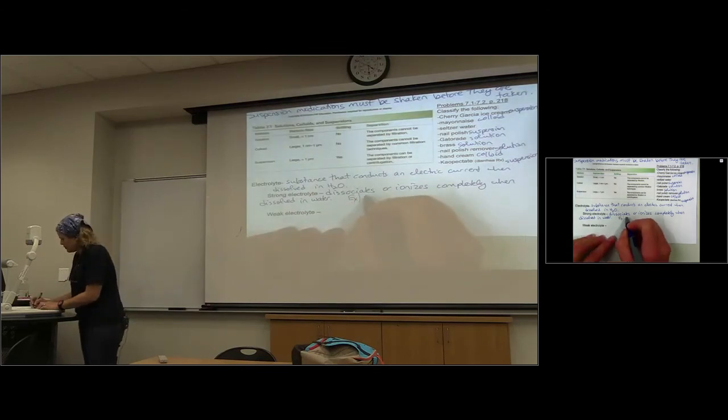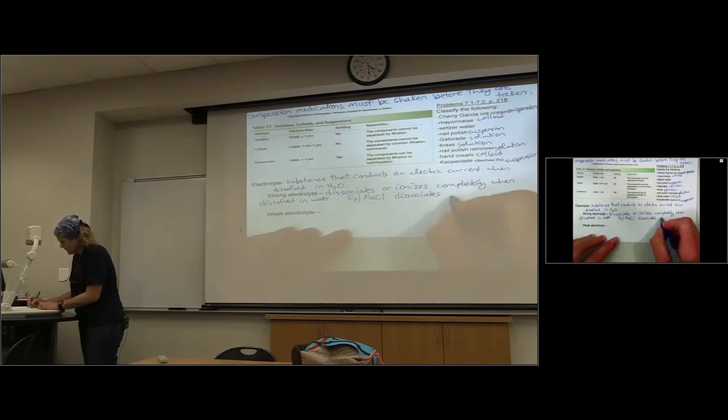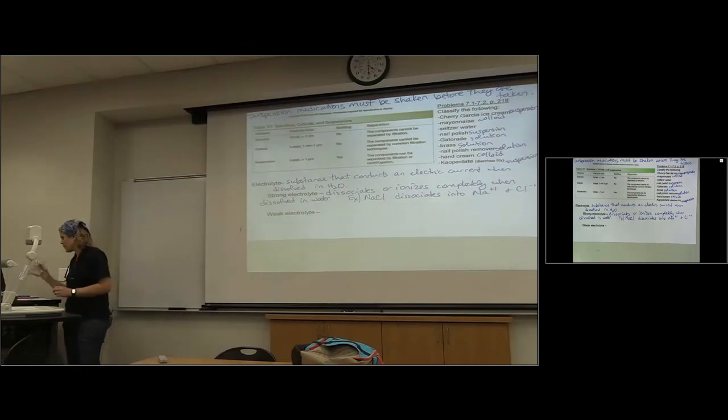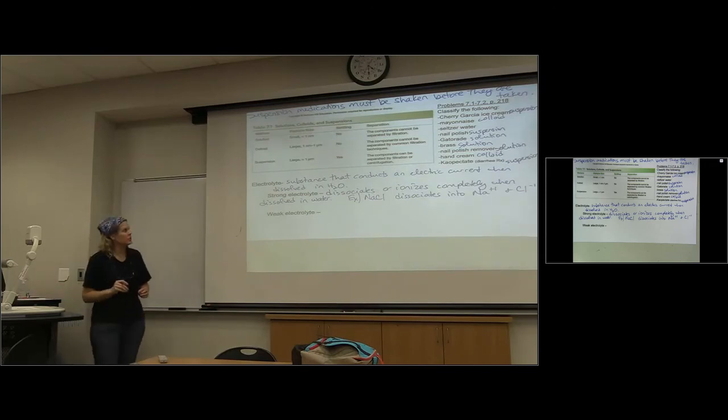For example, sodium chloride, the one we've just talked about, dissociates into sodium ion and chloride ion. So it dissociates or ionizes completely when dissolved in water.